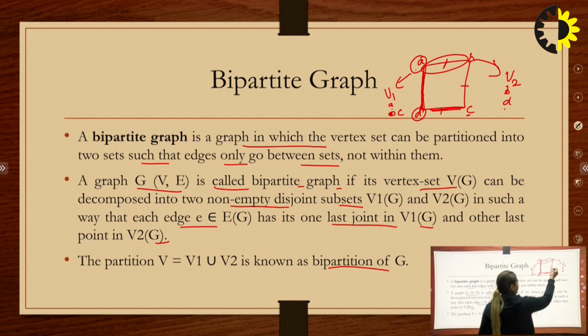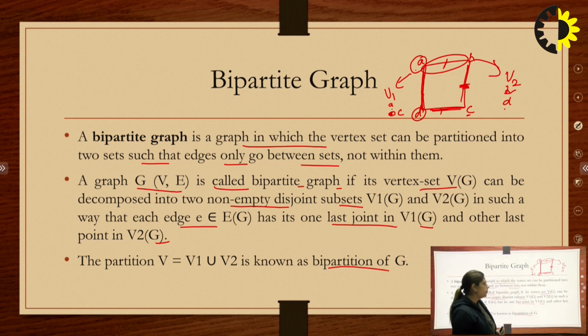Now we check this edge. B is here, then C should be here. It's already there, right? That means for all the edges, one vertex is in this set and the other vertex is in this set. So this is a bipartite graph, right?